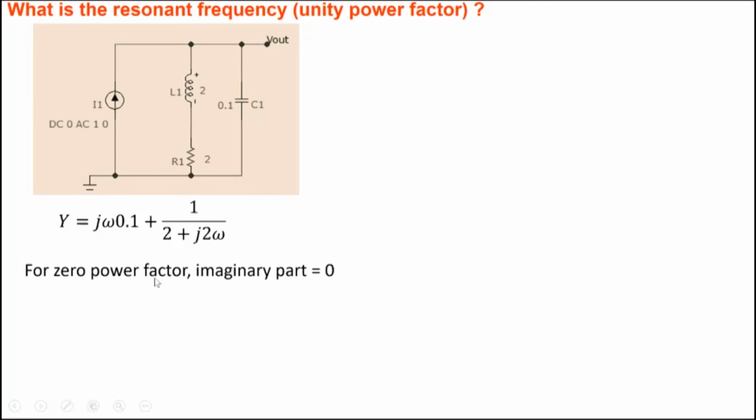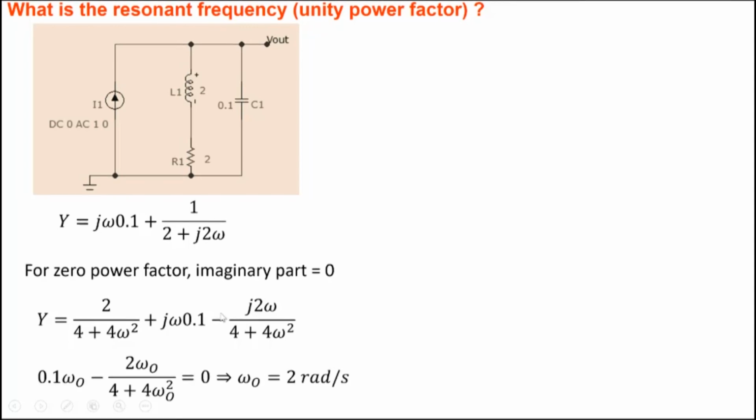And for zero phase difference, or unity power factor, the imaginary part equals 0. So we can rewrite this in this particular form, make the imaginary part equal to 0, and we get omega naught equal to 2 radians per second here.